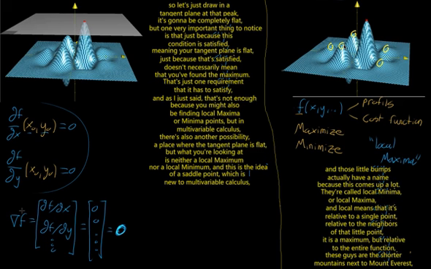Surface 3 as a position vector function of r and theta is equal to r cosine theta i plus r sine theta j plus 1 minus r cosine theta k.